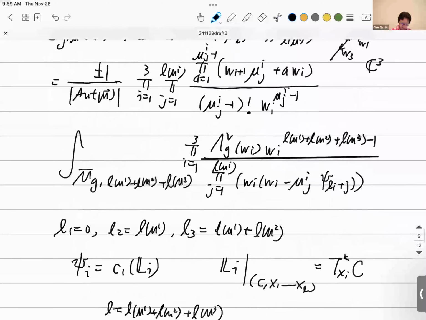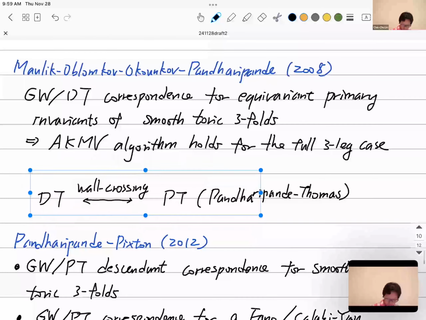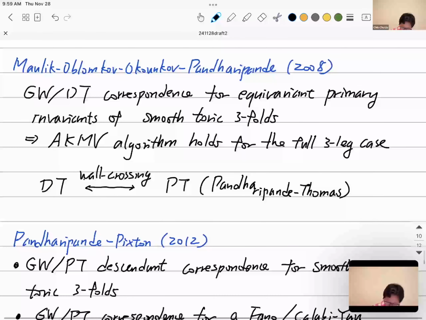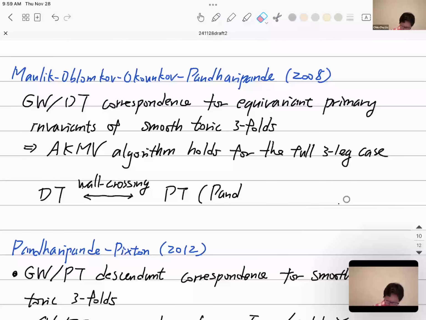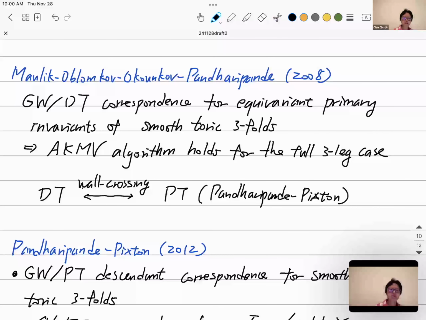Okay, so now let me just say that Maulik, Oblomkov, Okounkov and Pandharipande in 2008 proved the Gromov-Witten/DT correspondence for equivariant primary invariants for any smooth toric threefolds.